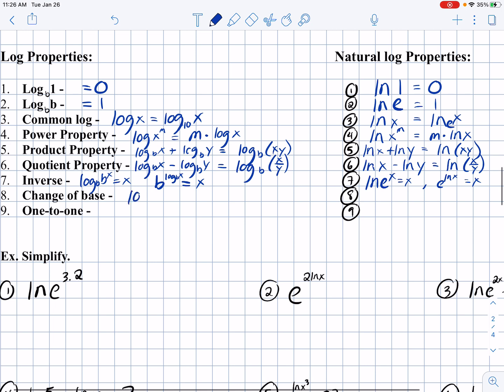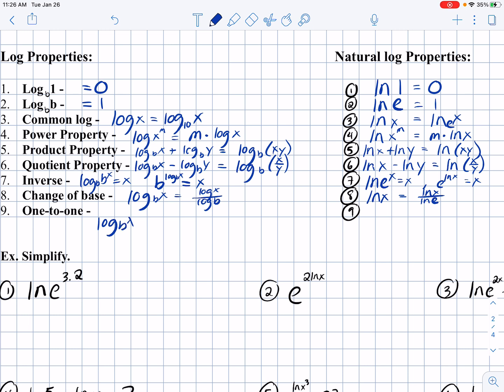Change of base, log of x with a base b can be rewritten as the log of x divided by the log of b. Same is true for natural logs. The natural log of x can be rewritten as the natural log of x divided by the natural log of e. And last one are one-to-one properties.